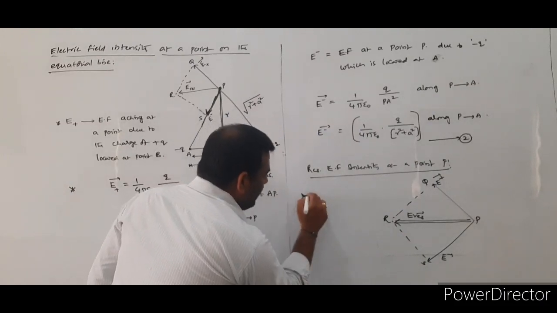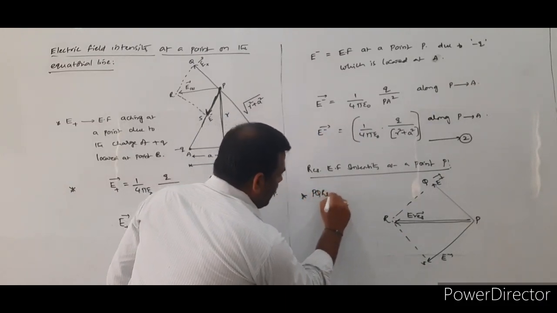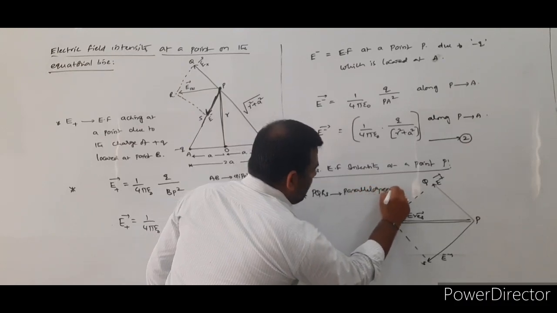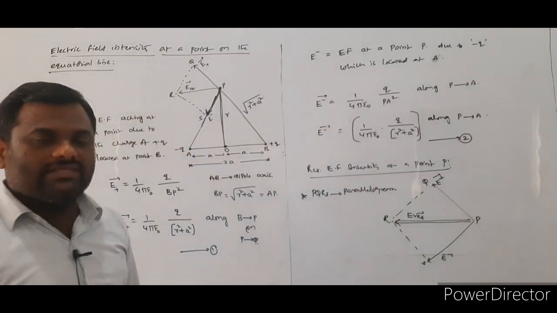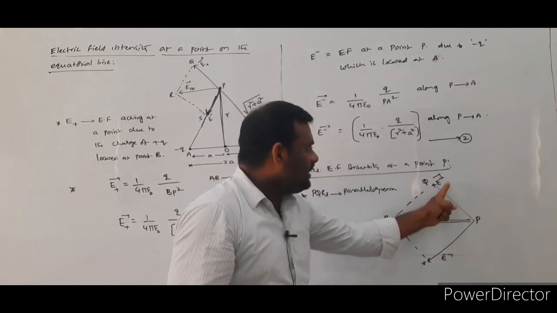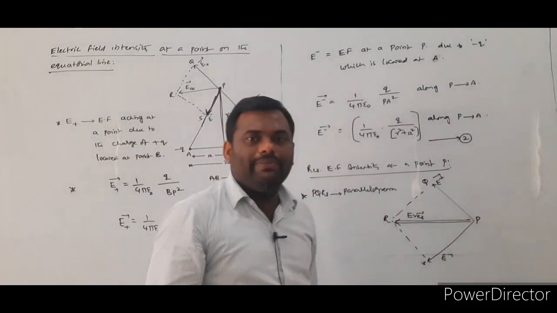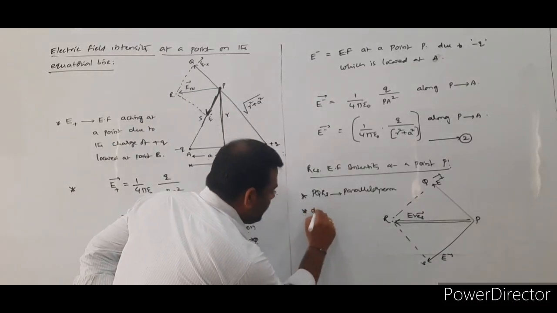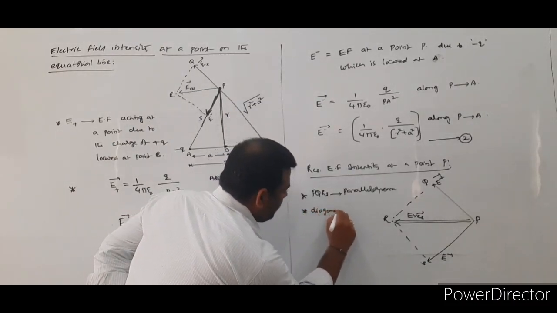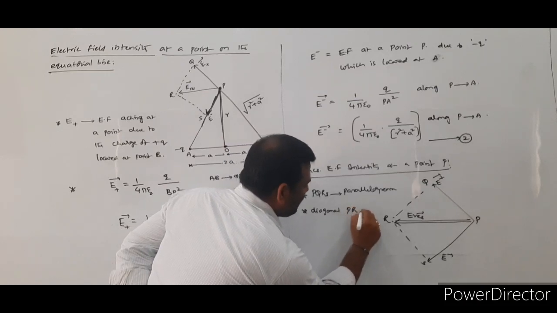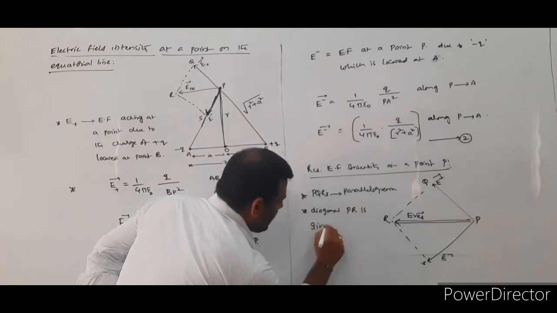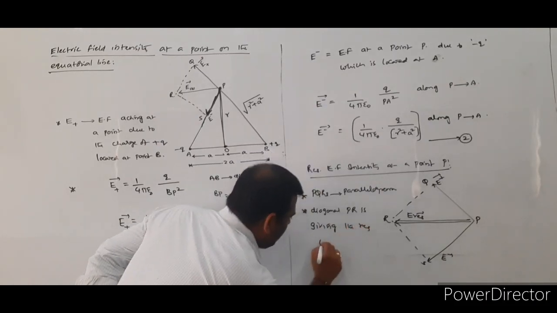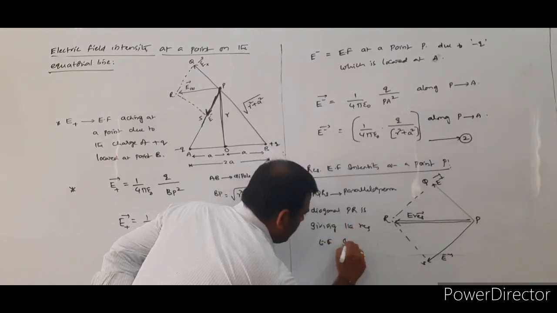So here we construct PQRS as the given parallelogram. E plus bar and E minus bar indicate the adjacent sides, so that the diagonal PR gives the resultant electric field intensity.